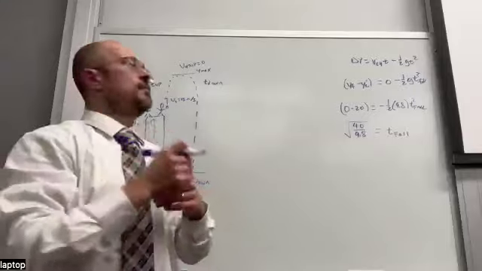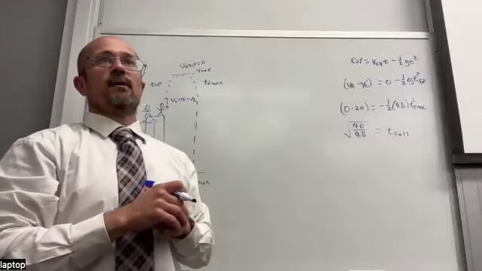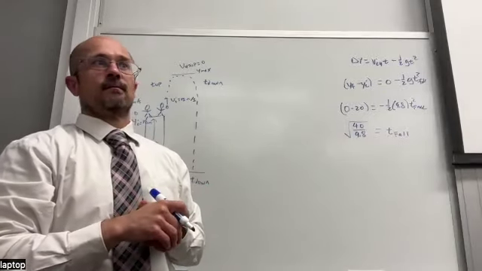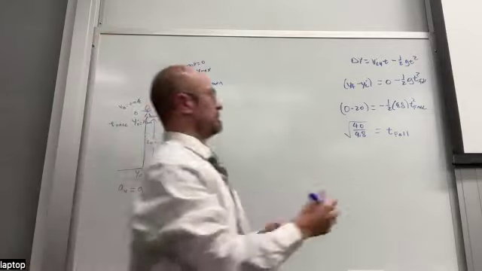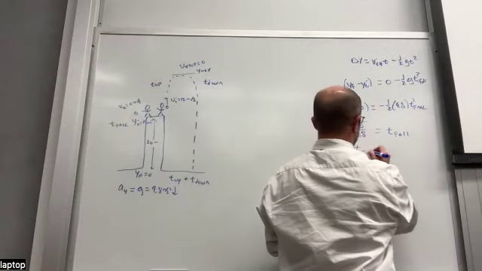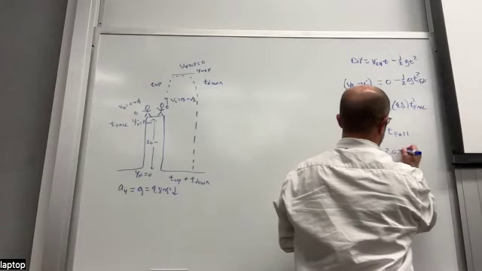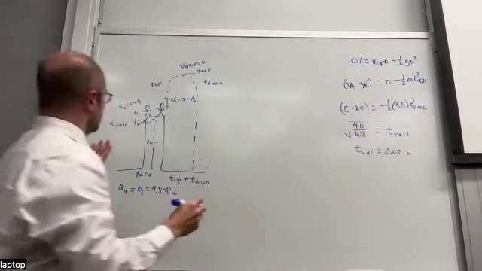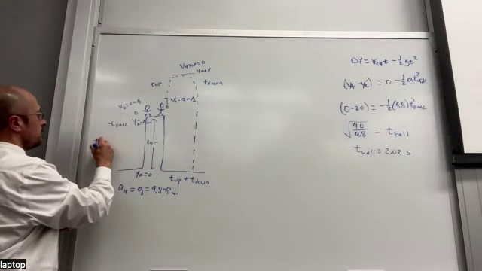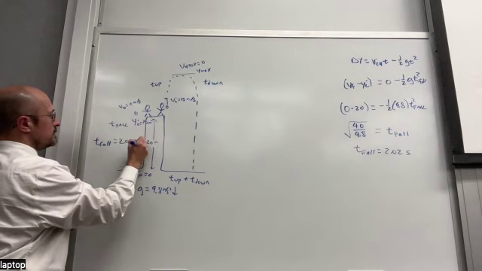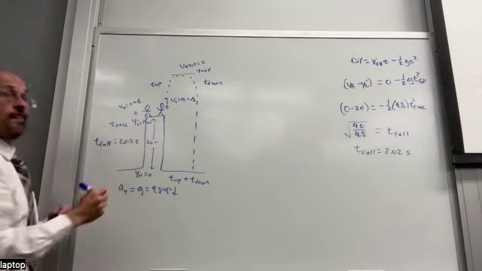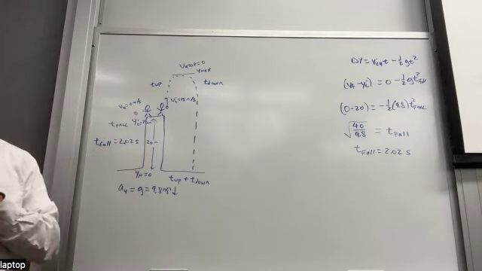And that's a little bit above 2.0 something, 2.02. So that's this side. t fall on this side, when we drop it, is 2.02 seconds. Is everyone good with that?